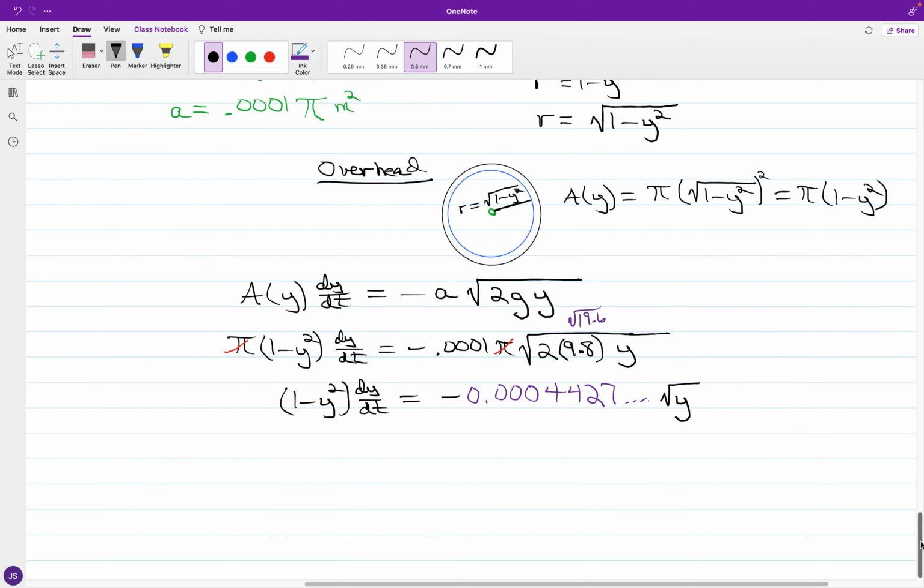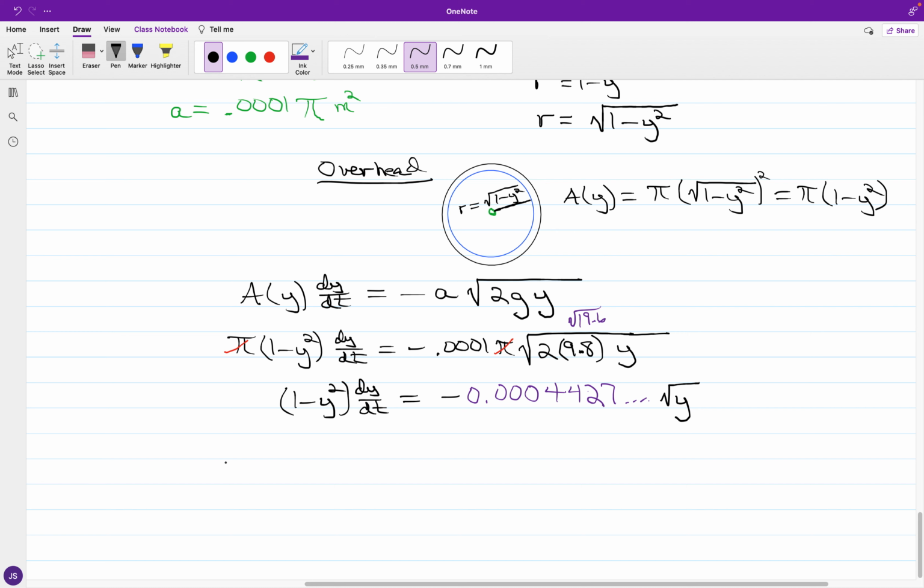And what we can do is go ahead and divide by this decimal, rounding to about the nearest 2 decimal places.